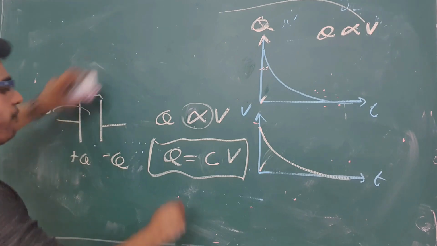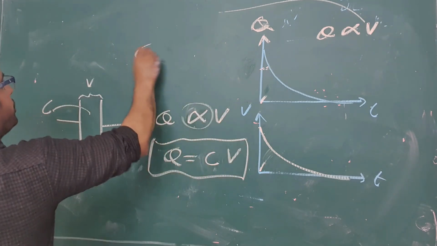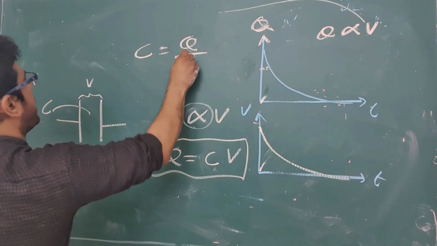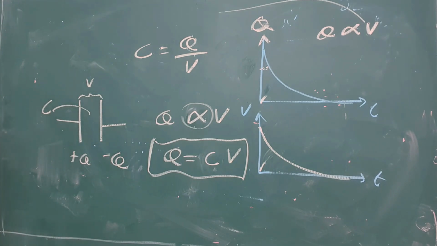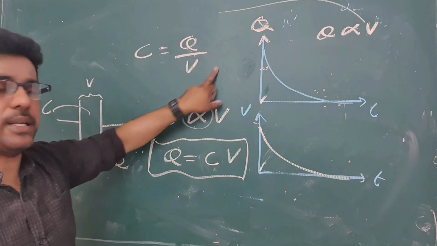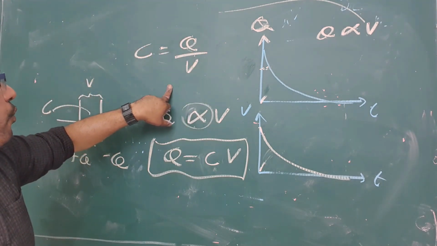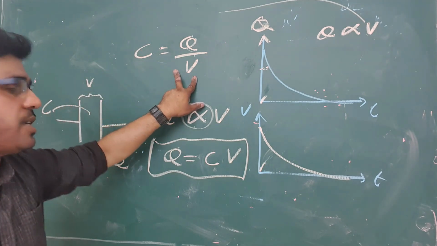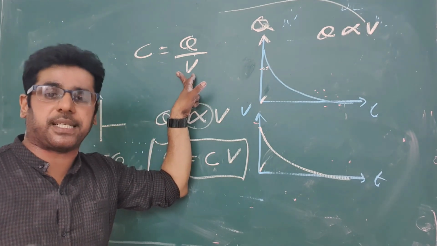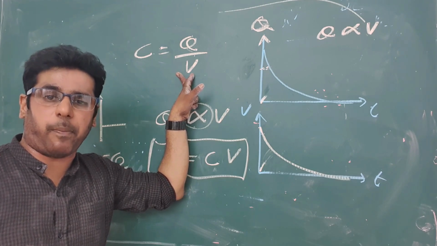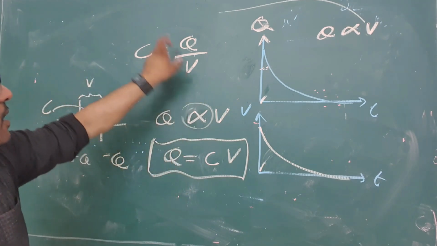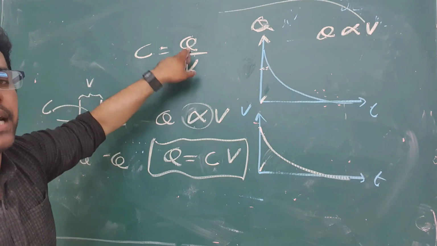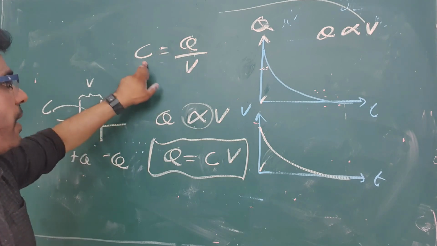But if you want to define this capacity, you better write C equals Q divided by V. Now here I am going to define the capacitance. Now this is the definition of capacity. When we use one volt across the plus and minus plate of a capacitor, the charge at that time is called capacity.